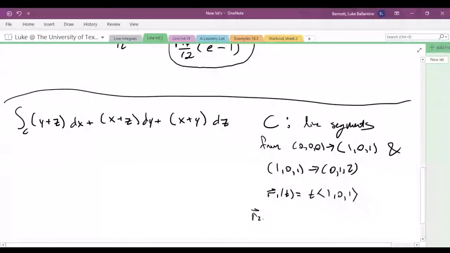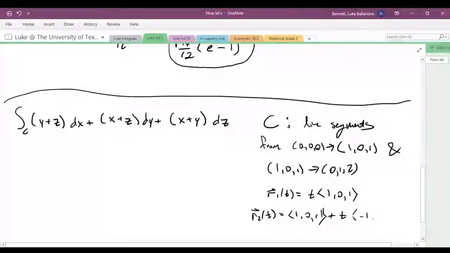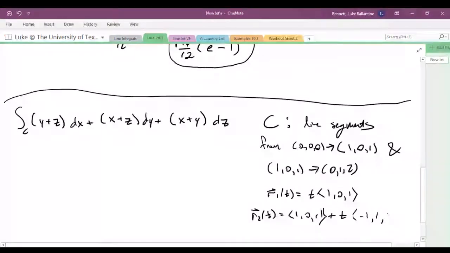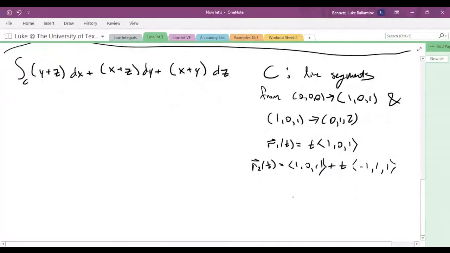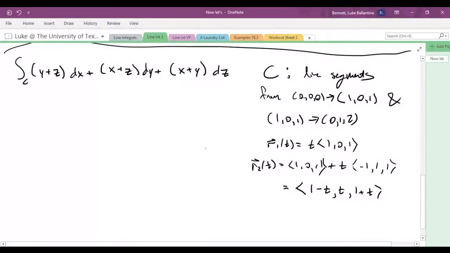Now r2 is a little bit trickier because we have a point, and then we have plus t times 0 minus 1 is negative 1, 1 minus 0 is 1, 2 minus 1 is 1. So then the parameterization is 1 minus t, t, 1 plus t. So we have two segments to deal with.